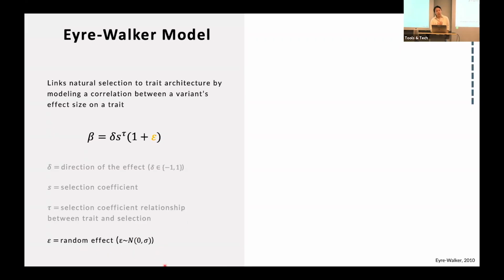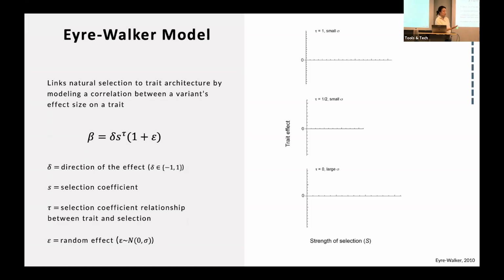So I'm more of a visual learner, so it helps me understand the whole framework if I see some sort of plot. So if we have the trait effect on the y-axis and strength of selection on the x, and we look at different trait architectures where the relationships between effect size and fitness are varying.